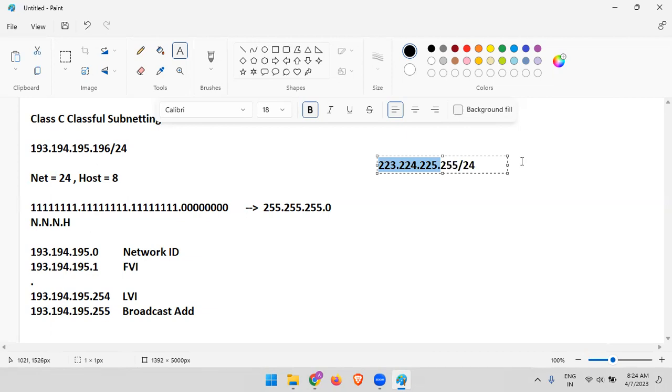Okay, this is an address, no doubt. This is a class C address, no doubt. But when we consider the range, this is not a valid IP. This is reserved for broadcast. Okay. So let's go with the 254. Network ID, broadcast address.